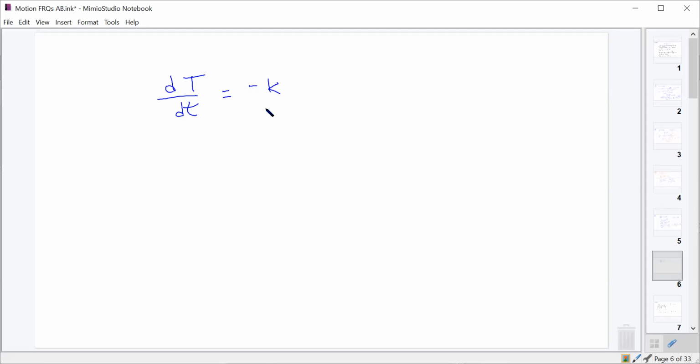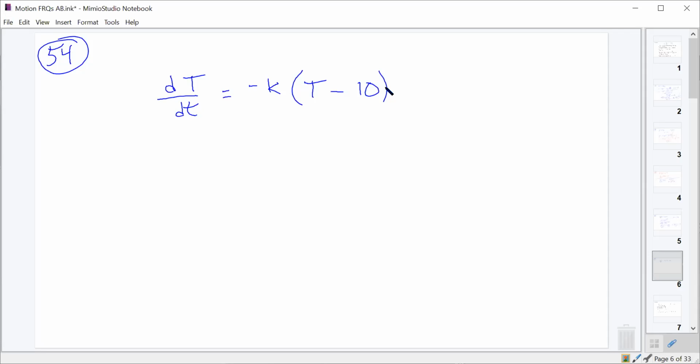And it says the temperature and that of the surrounding air, so whatever its temperature is at that time, minus the surrounding air temperature, which is 10. So it should be choice A, it looks like.